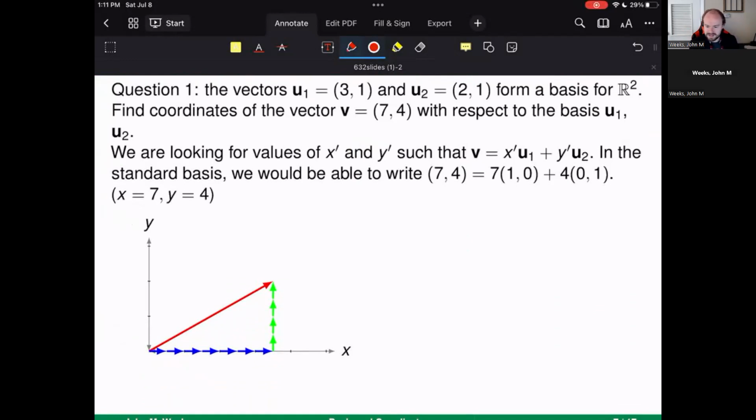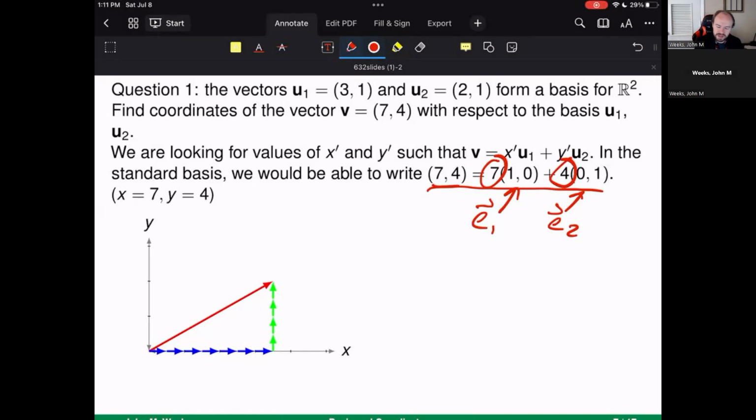Whenever I write something in the standard basis, it looks like this. Here is E1, here is E2. We're really doing the same thing whenever we talk about something in terms of 7, 4. We're just saying, do a linear combination of the standard basis elements for R2, where you write 7 times the first of those elements and 4 times the second element in the standard basis set.